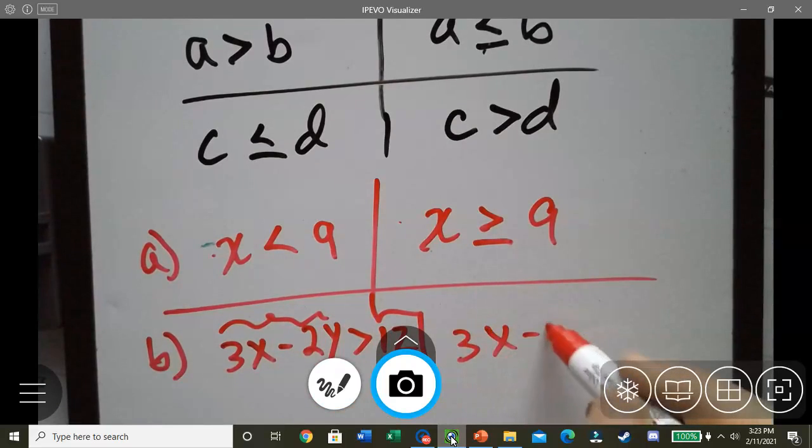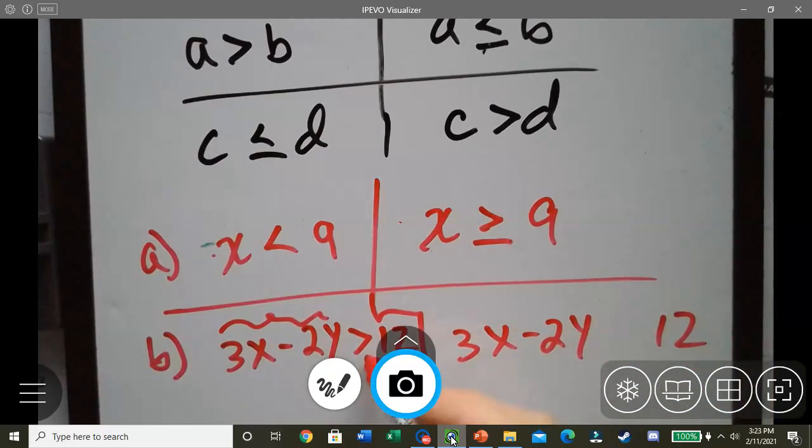It's still going to be 3x minus 2y, and you have 12. The only thing that's going to change is the inequality sign. So what is that inequality sign going to be now? You should have said less than or equal to 12. Okay? Alrighty.